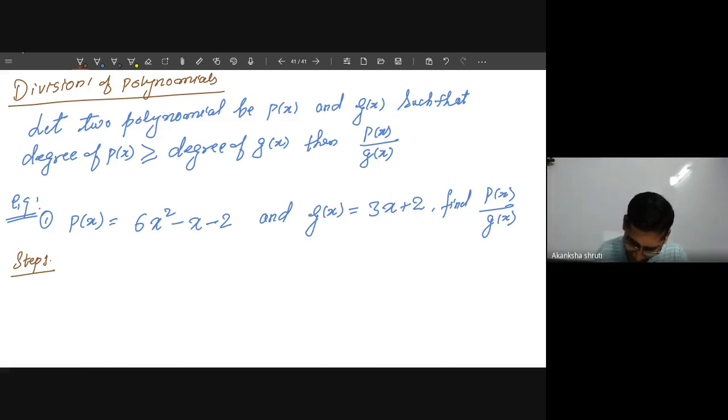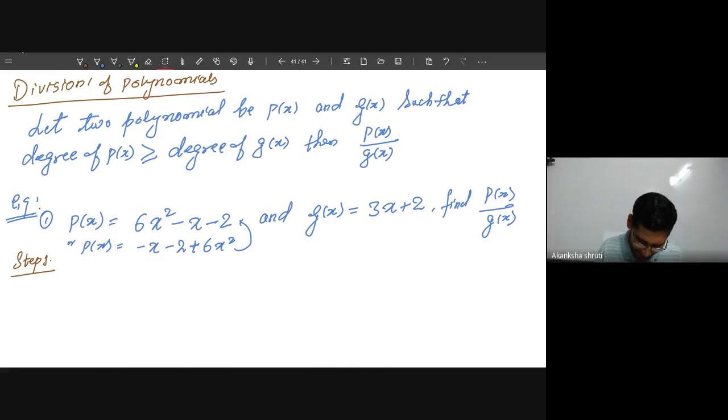Okay, so here I have already taken it in this form. If the question was like this, if the polynomial p(x) is written as minus x minus 2 plus 6x square, then what you have to do very first is rearrange this form into this form. That is the first step.